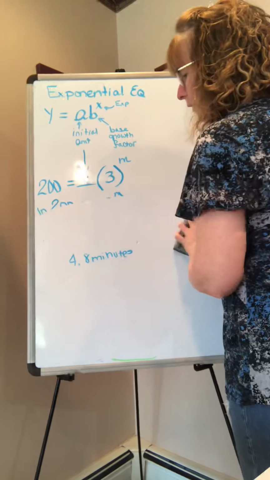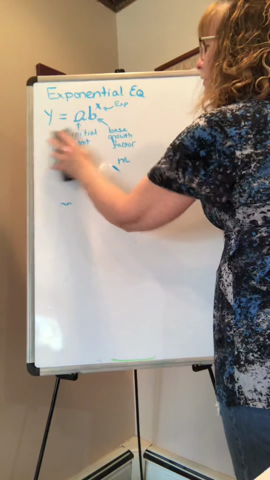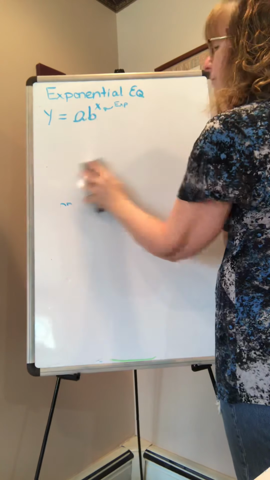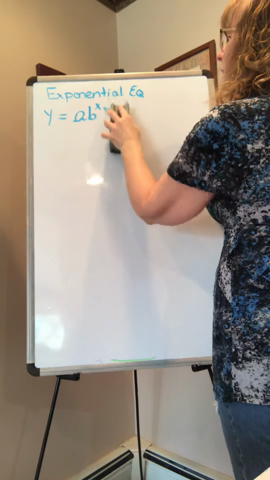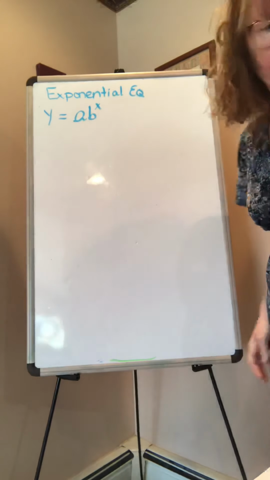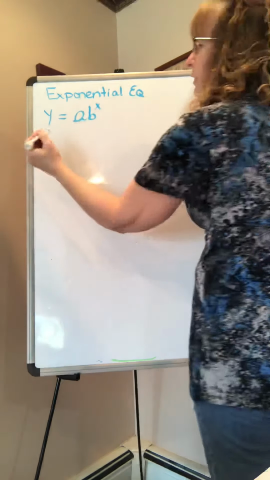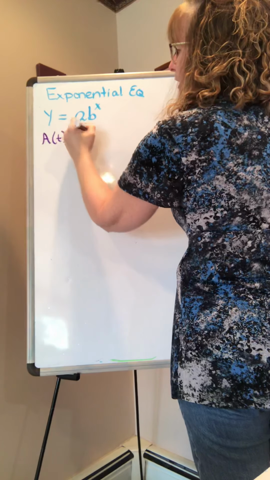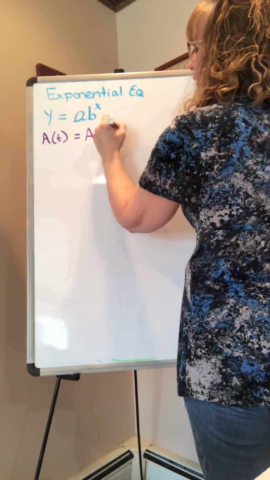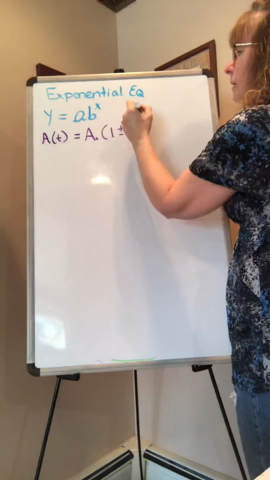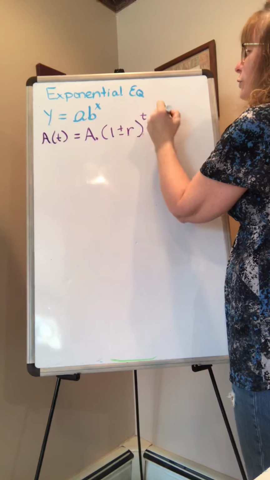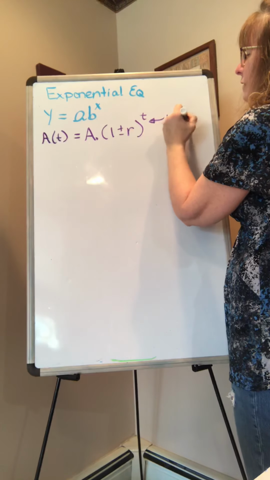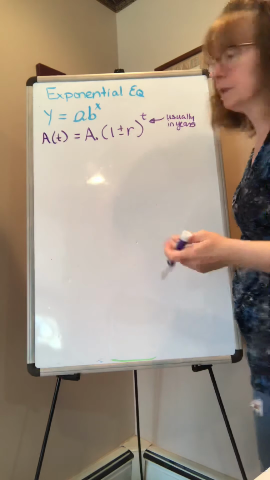Now let's talk about if we have a percent of increase or decrease. So this is my first equation. Now if we have a percent increase or decrease, we have amount over time is equal to the initial amount times 1 plus or minus the interest rate raised up to the time. So again, this is usually in years, unless of course the equation defines the time differently.